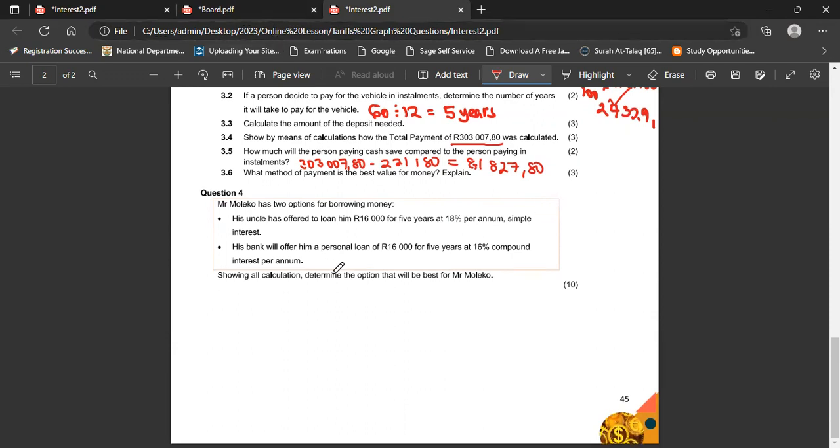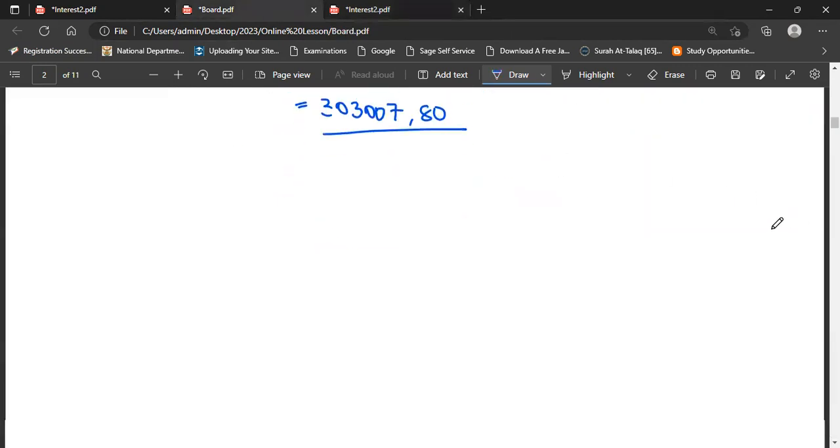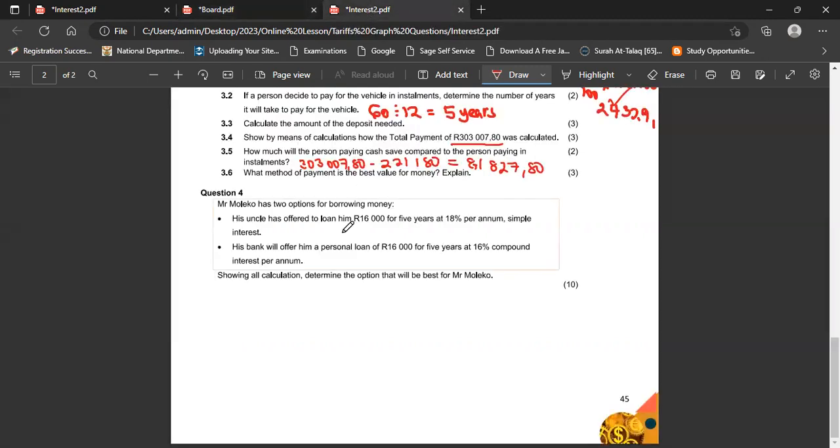This question, allow me, because it looks to be big, it's 10 marks, we shall have to use the whiteboard straight away. All right, this is our whiteboard. Let's read the question before we start tackling it. It says, Mr. Moleko has two options for borrowing money.